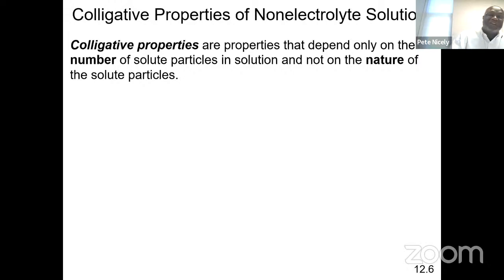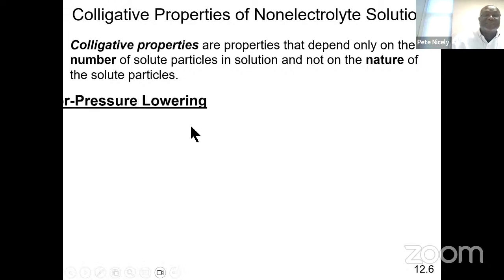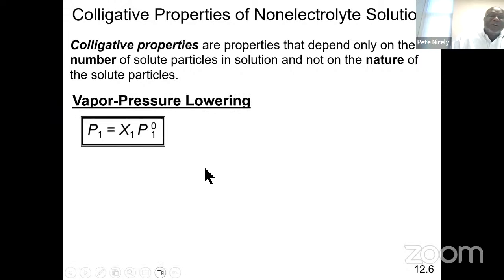So we're going to learn about 4 colligative properties. One is the vapor pressure lowering. The other one is the boiling point elevation. The next one is the freezing point depression. And then the last one is osmotic pressure. So let's talk about vapor pressure lowering.